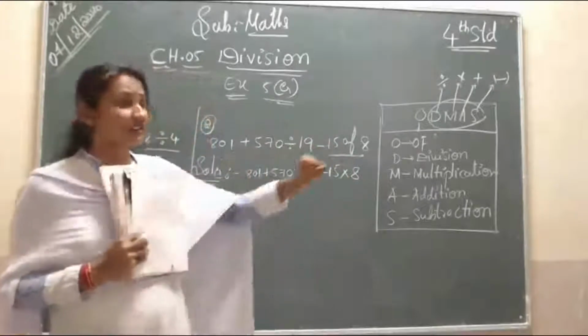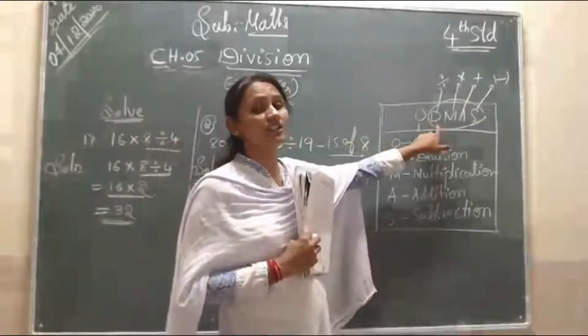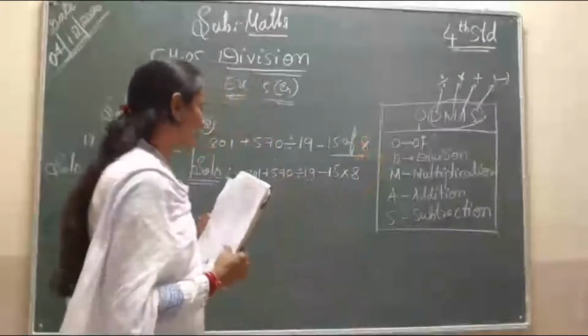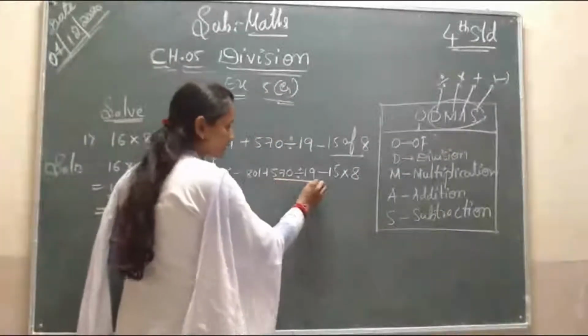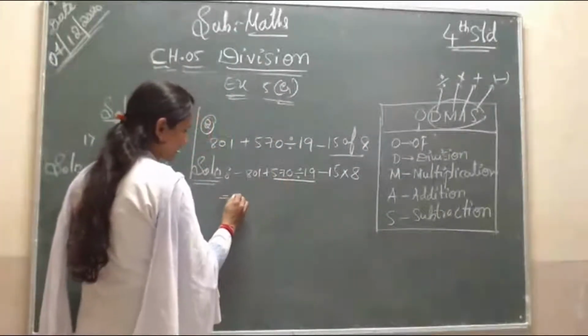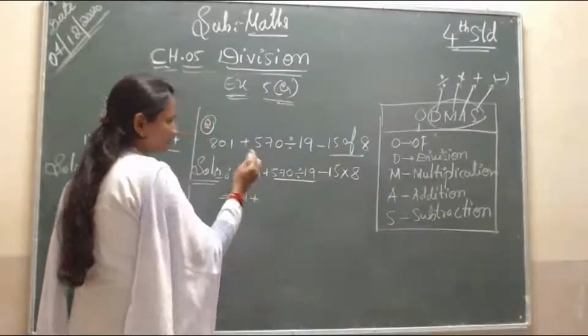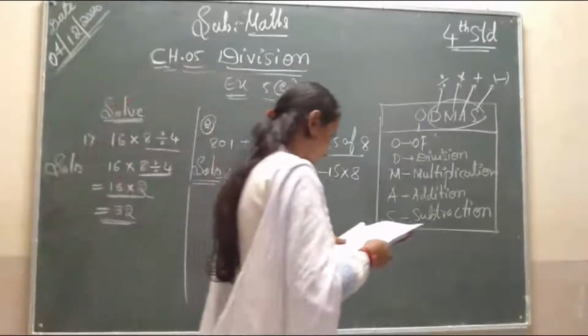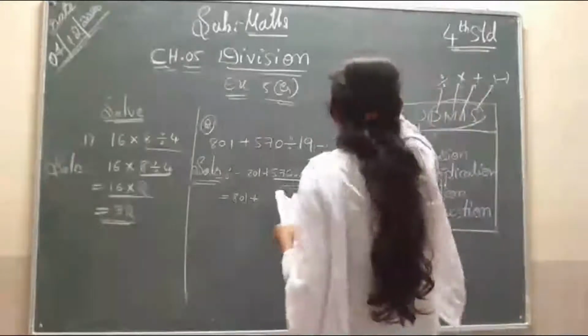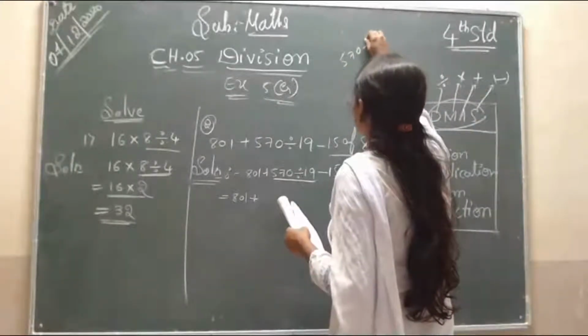So what is the rule? First you have to follow the first step, division. So first you write 801 plus, then 570 divided by 19.